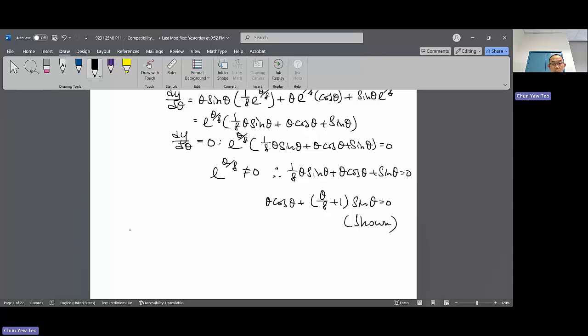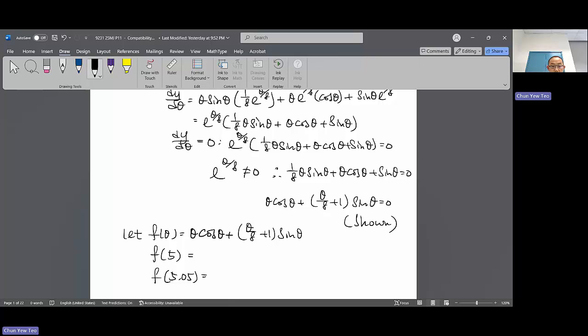Okay, then now we need to show that there is a root between 5 and 5.05. So now we just need to let f of theta equal to theta cos theta plus theta over 8 plus 1 sine theta. Using your calculator, replacing the 5 and 5.05 inside, changing the mode into radian mode.